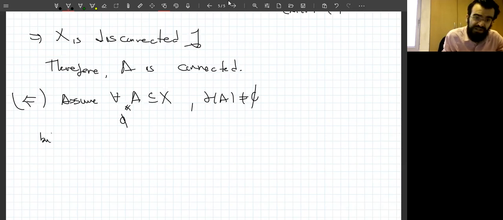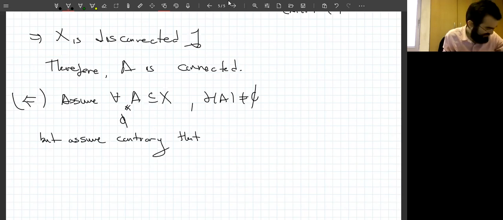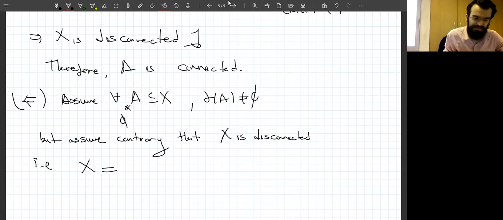Now, assume to the contrary that X is disconnected. That is, X can be written like this, say, A union B, they are disjoint, open, and non-empty.